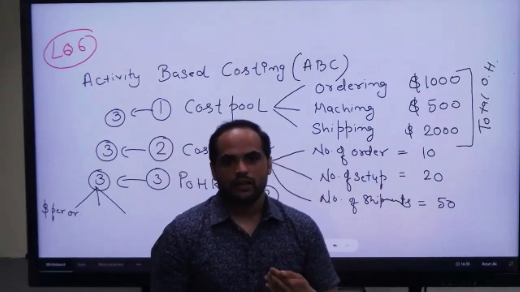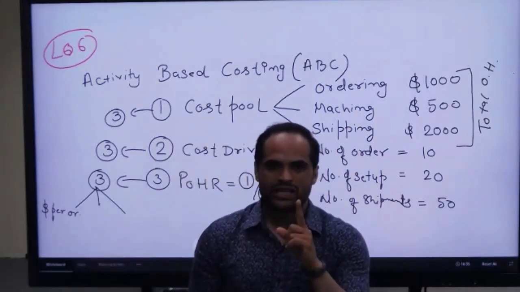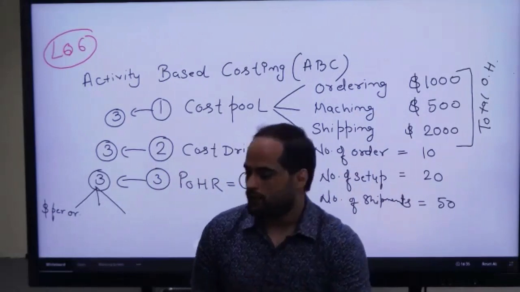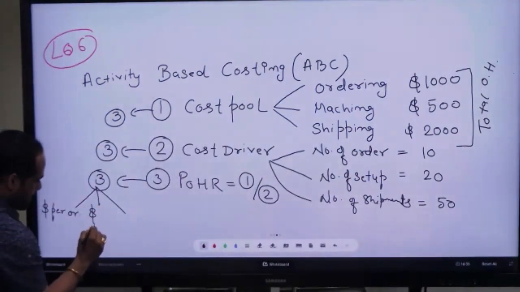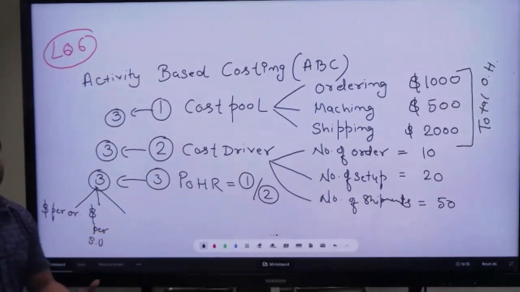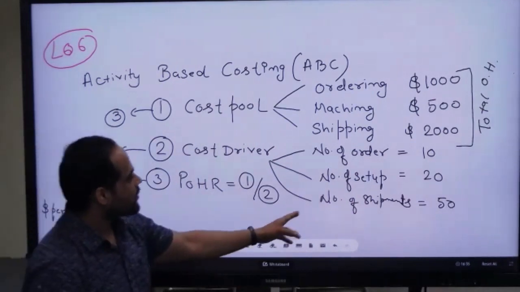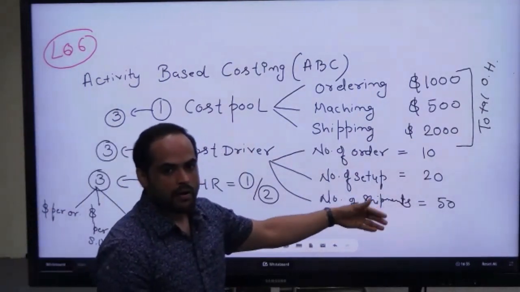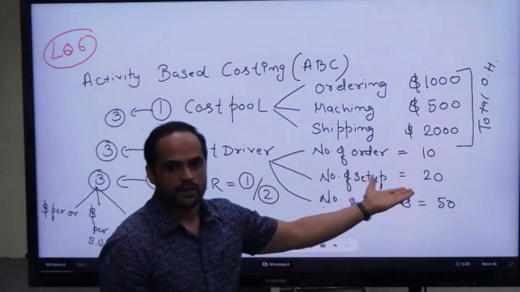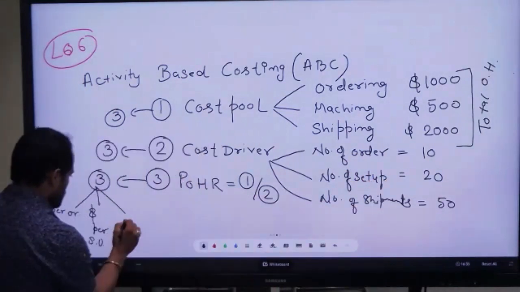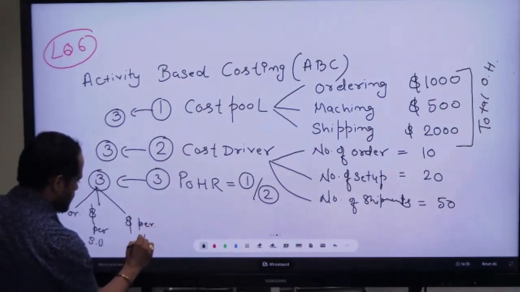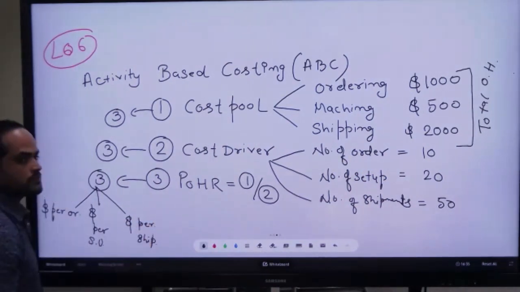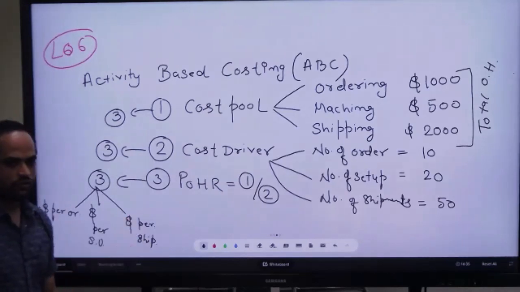It means the cost of one machine setup will be 25. So the second one is dollar per setup. And the third rate is dollar per shipping or per shipment. So we got three rates.